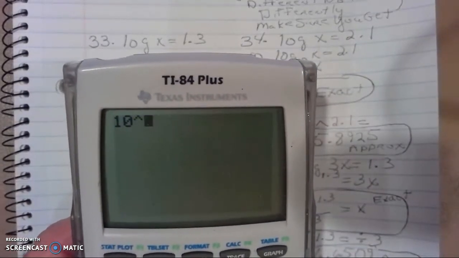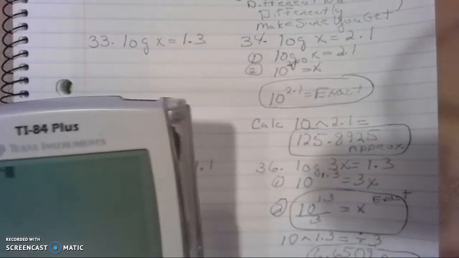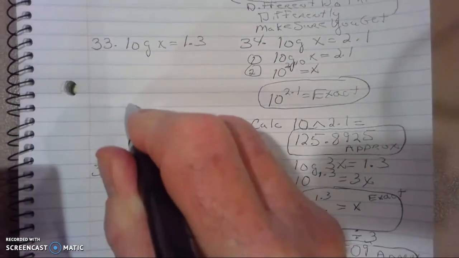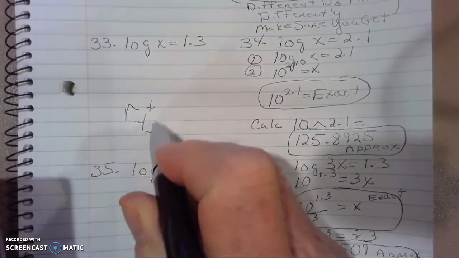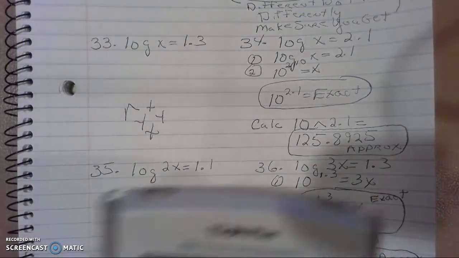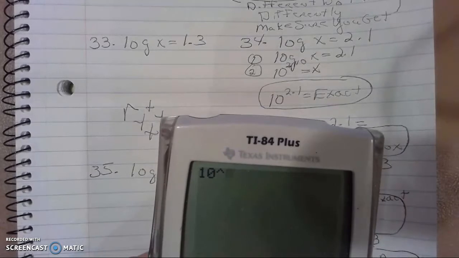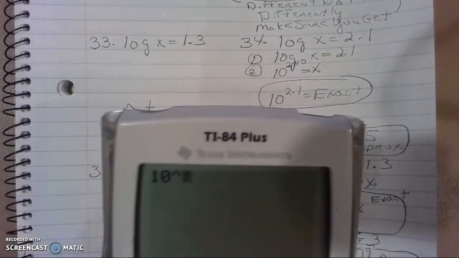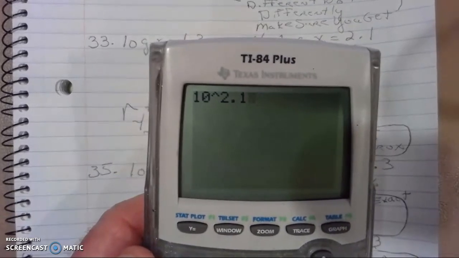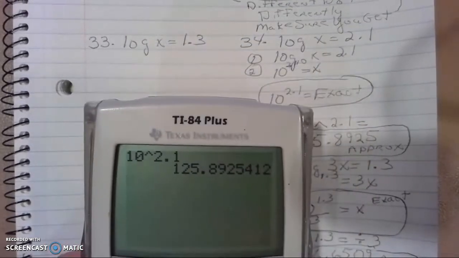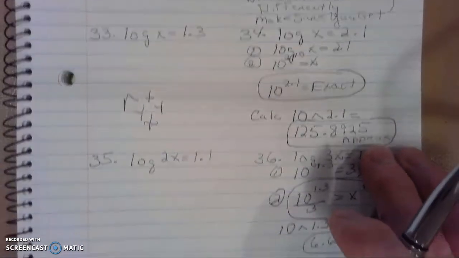With my calculator, that's the caret key, or it could be y to the x on some calculators, or x to the y. But I hit that caret, and that raises me up to an exponent. Then I put in 2.1, see that showing there, and hit enter. And then I've got that decimal. I round it off to how I want it there.